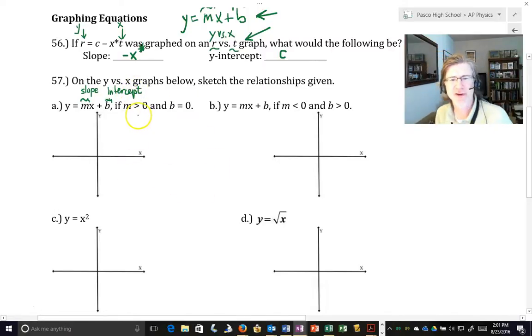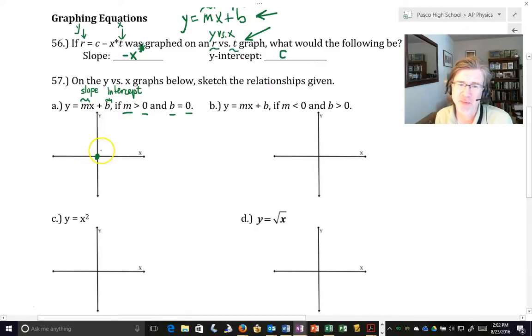So if the slope is greater than 0, m is greater than 0. That's another way of saying that. And if b equals 0, the y-intercept equals 0, all these lines have to go through the point y equals 0. That's going to be true for all of these lines.